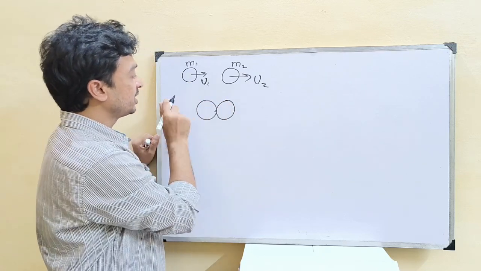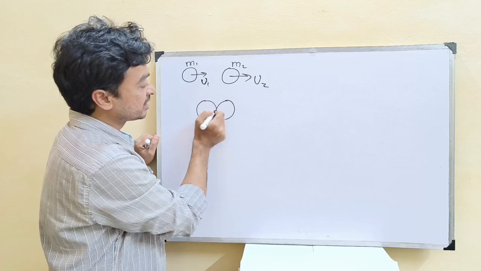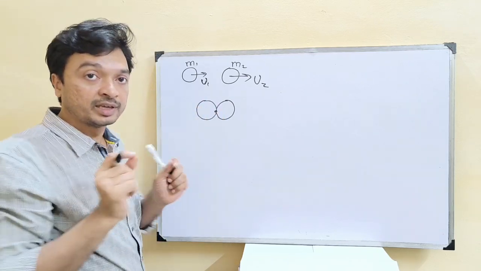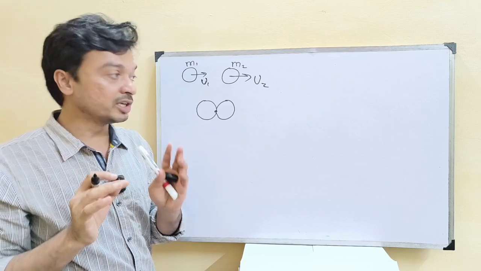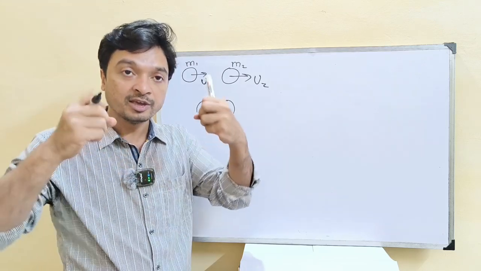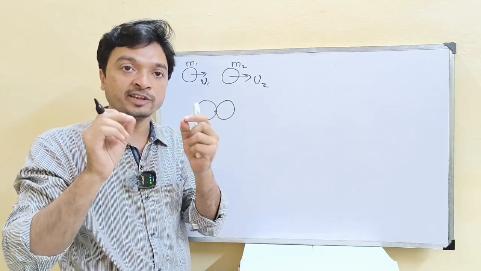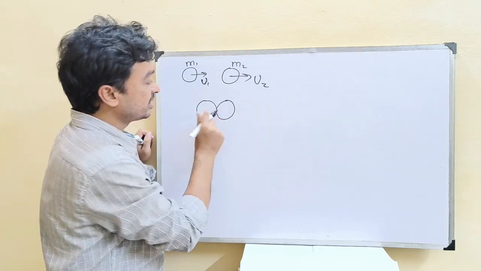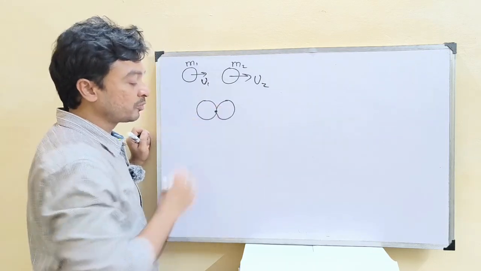Both the objects just come in contact. At this instant we will call this the start of collision. Now see, the condition for collision is only when both the bodies are in contact. So both the bodies are in contact, this is the start of collision.